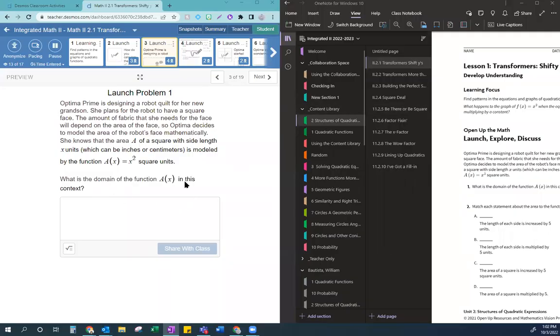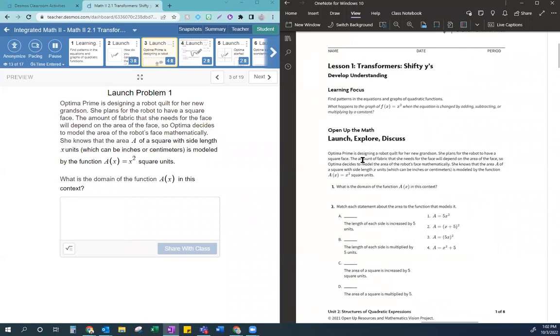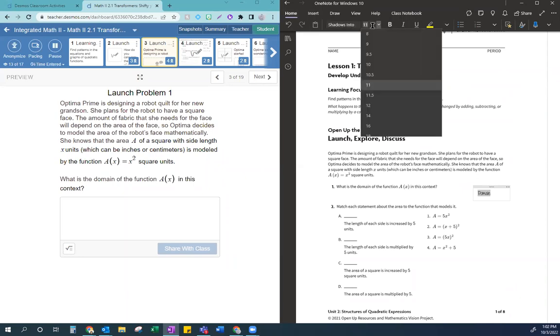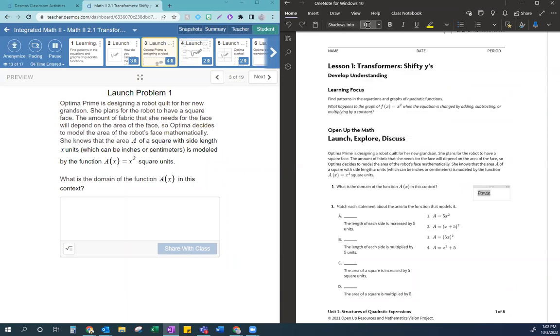Okay, so when we talk about the word domain, what's the domain of the context? So I want to explain what domain is. And I think we've talked a little bit about it, and you've learned a little bit about it back in other classes. But I want to make sure that you all are comfortable with this idea of domain. Let's highlight.